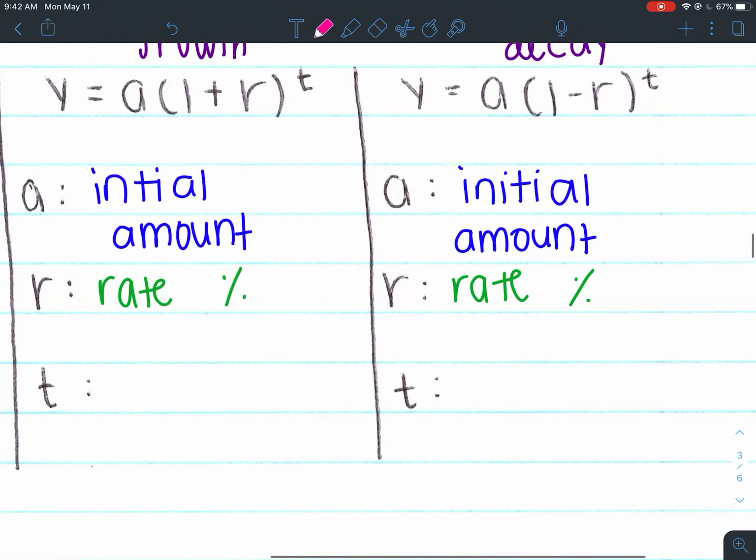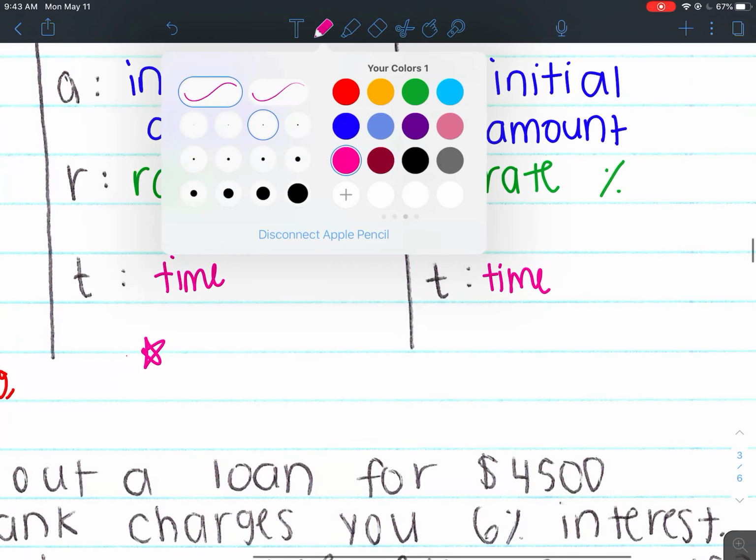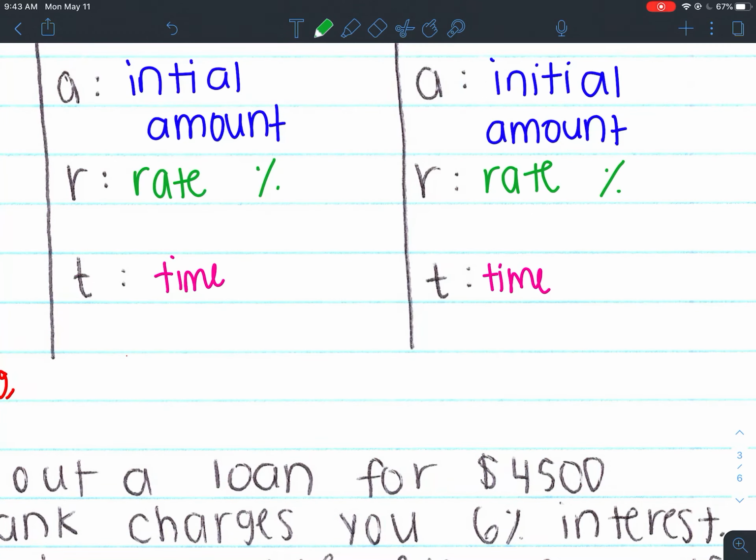Then t will represent the time. So if it's saying it's for 5 days, 3 years, something like that, that's going to be your time. Now, the important thing to note about the rate here is you want the rate as a decimal. It will give it to you as a percentage, but when you plug it into the equation, you want to write it as a decimal.